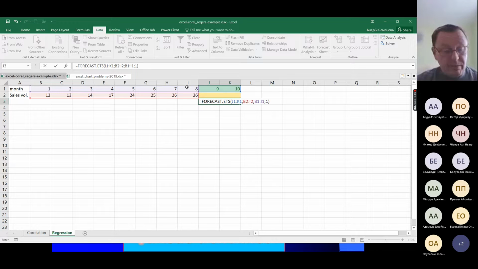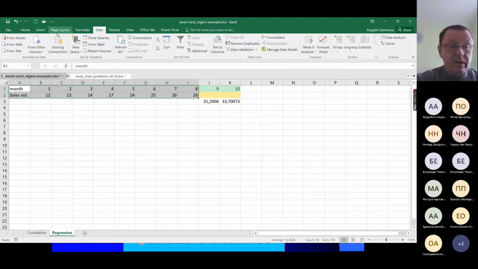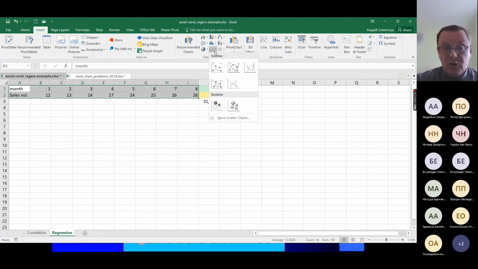I have to close my brackets and press Control-Shift-Enter to insert an array, a so-called array formula. As you can see, it involves curly brackets, and I have the prediction by two values in two ways. So that's one way. The second way is for sure implemented by using curve fitting, like I said in the lecture.